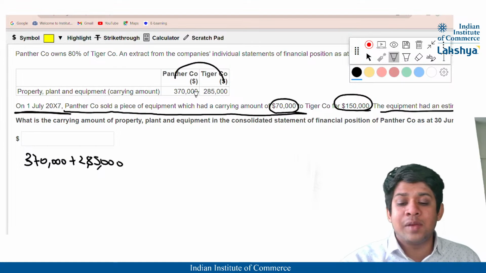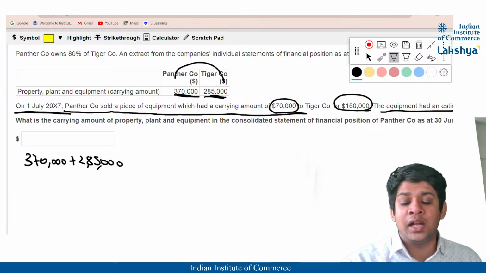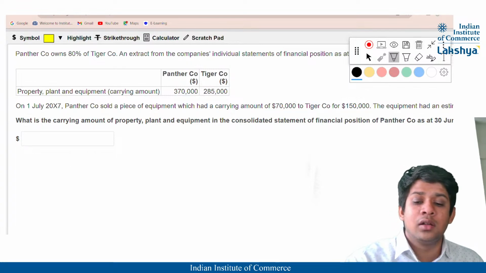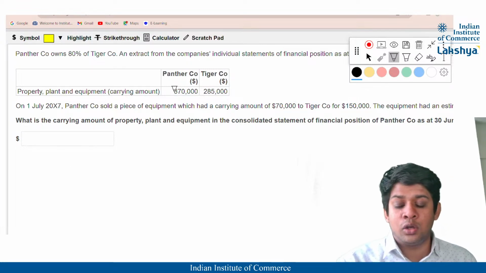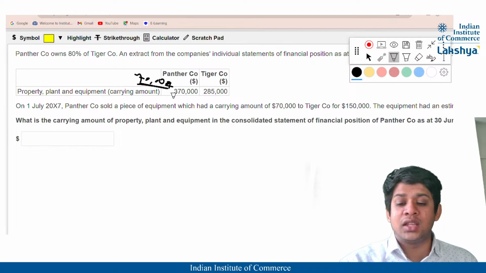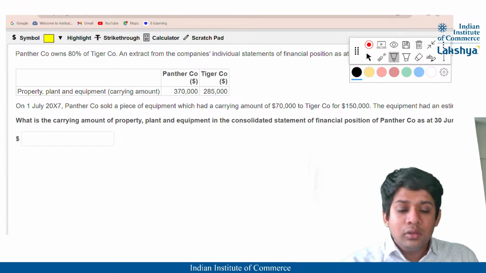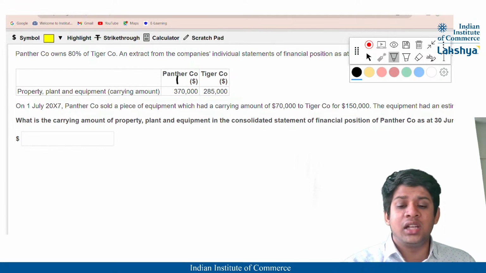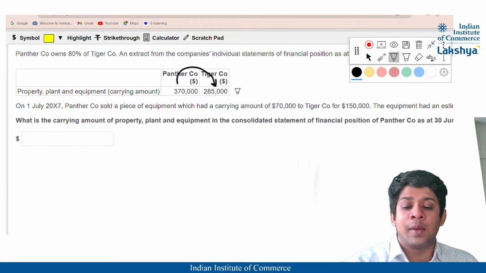Firstly, guys, these values, 3,70,000 and 2,85,000, it is already deducted, right? Because it is at the year end provided to you. So here there was an asset of 70,000. That means Panther Company had assets worth 3,70,000 plus 70,000, and that 70,000 worth of asset was sold to Tiger Company.